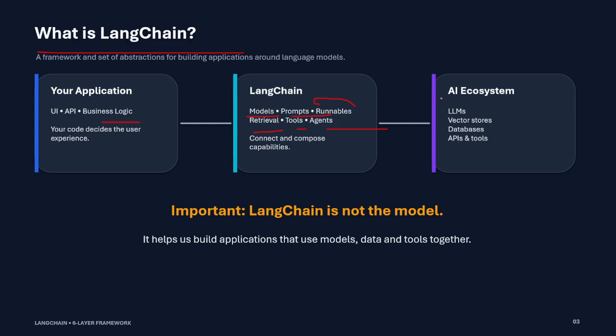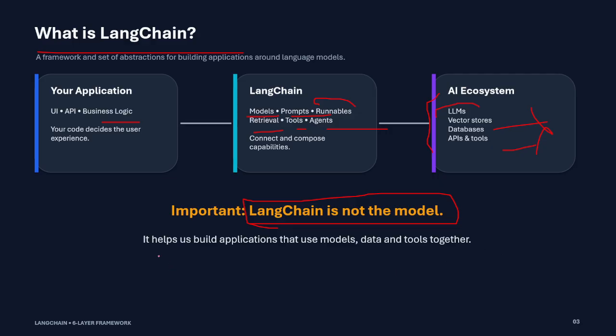Then this is the ecosystem, where we have LLMs, vector stores, databases, APIs and tools. This is the important point: LangChain is not the model, but it helps us build the application that uses those models, right?